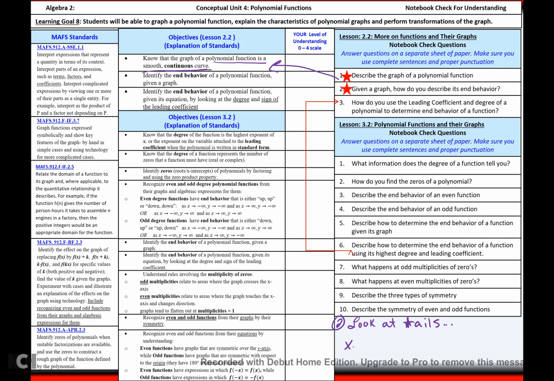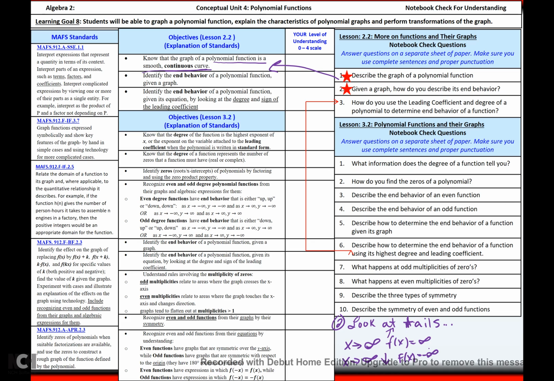As x approaches infinity, you look to see if the tail is pointing up, then the function goes to infinity. As x goes to infinity and the arrow is pointing down, that means the function goes to negative infinity.